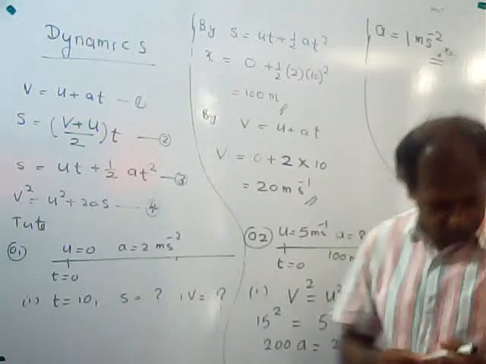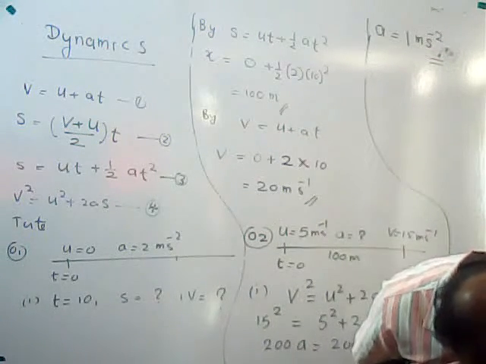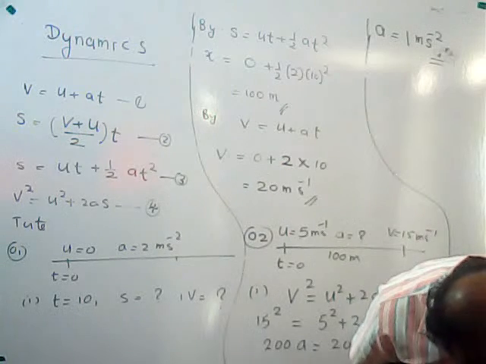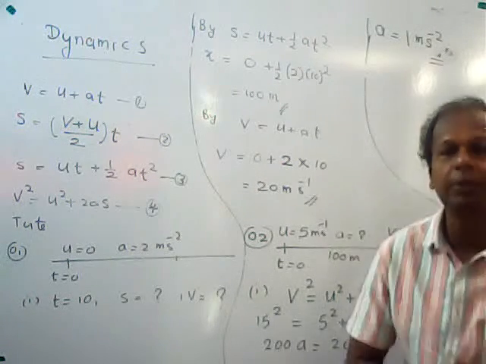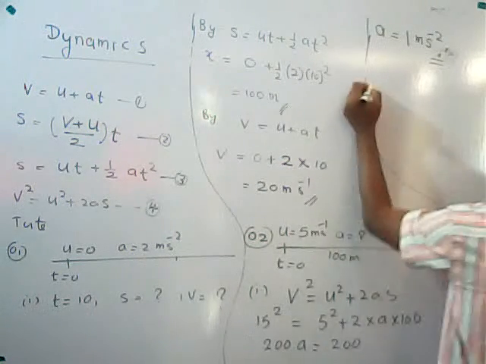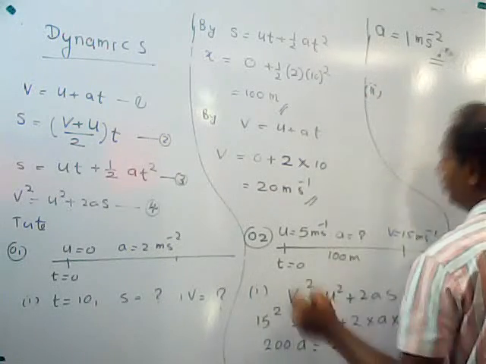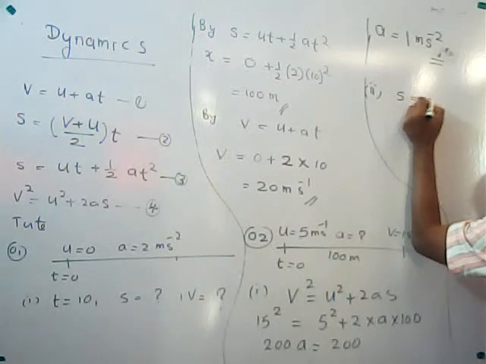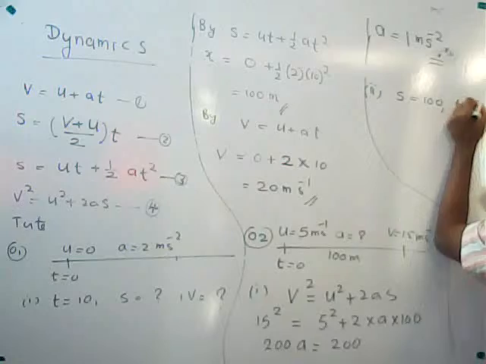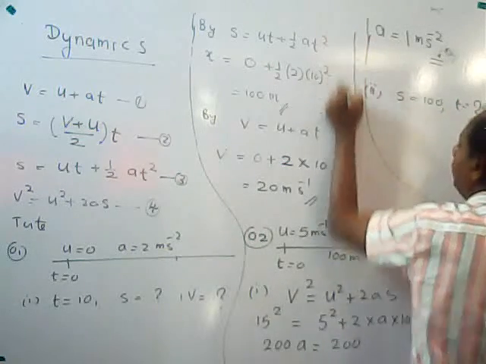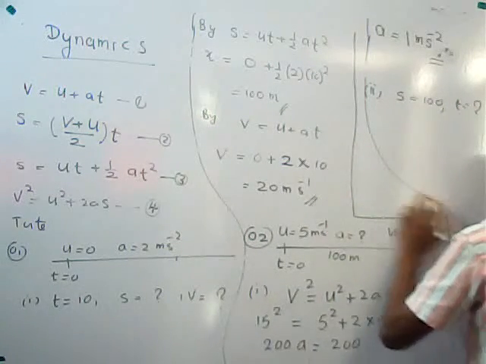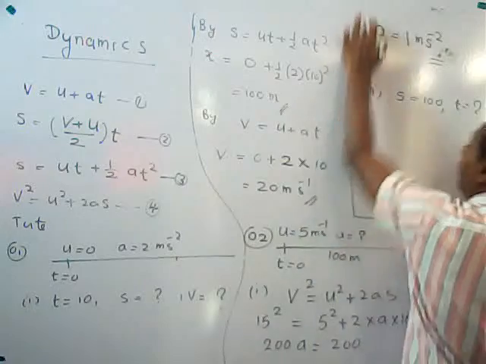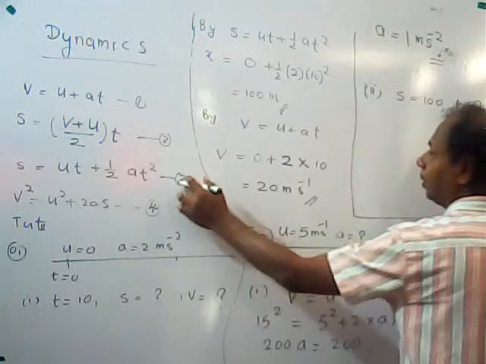And then now to find the time it takes to move 100 meters. This time the displacement is given, s is 100, asked to find t. So we can use the third formula.